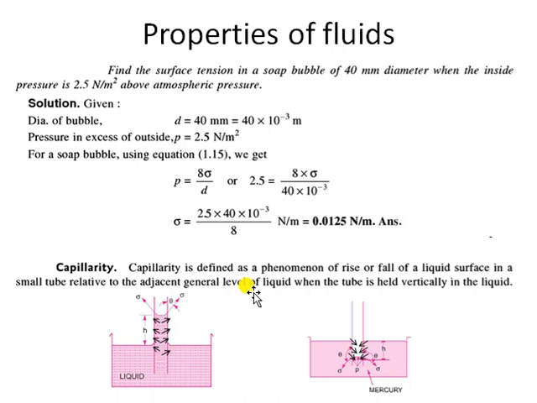Trees have channels through which they take water and minerals from the ground to the top of the tree by some action. That action is called capillarity action, because trees have very narrow, very thin tubular networks through which they absorb water.